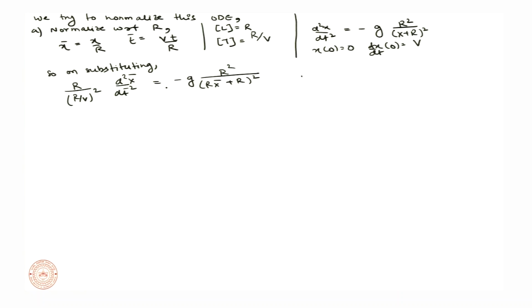We can take out r common from here, this will be minus g times 1 over x bar plus 1 whole square. Let us simplify this further.